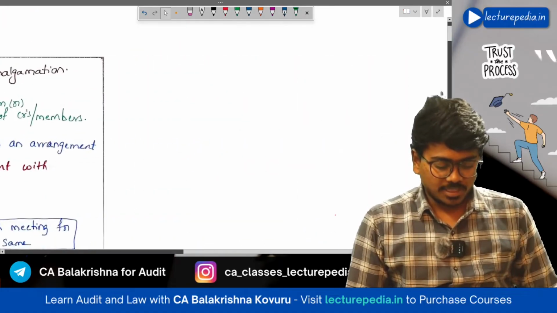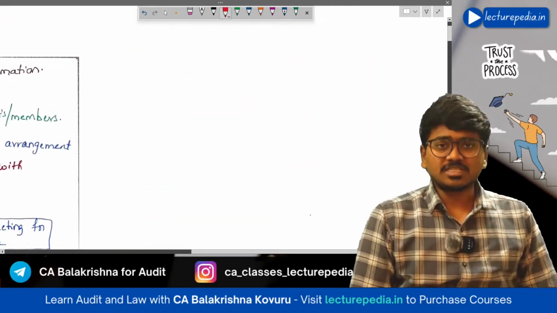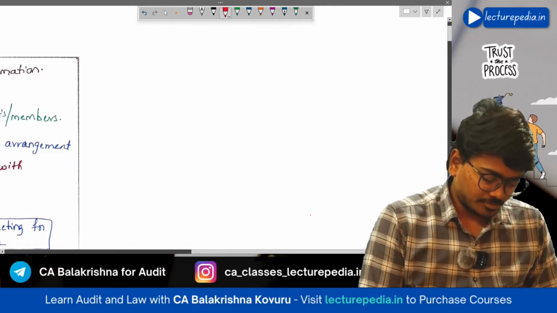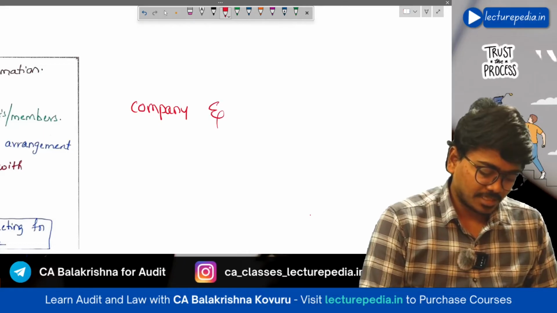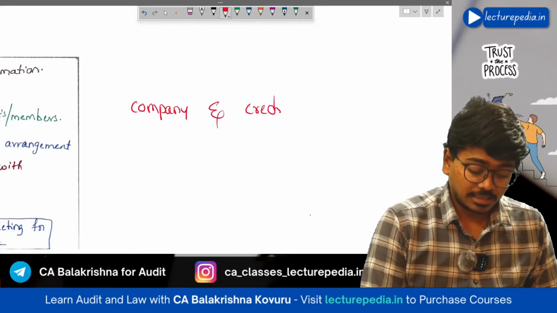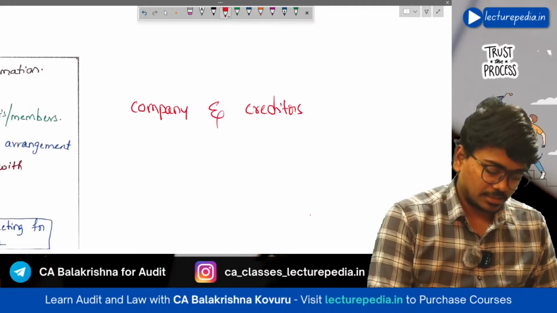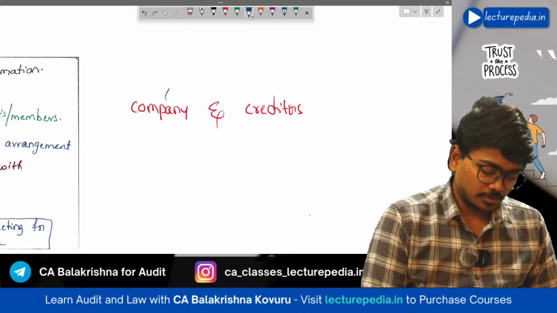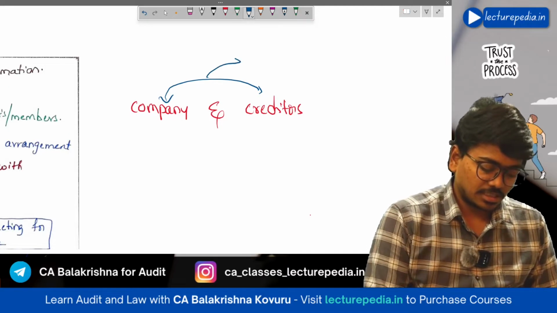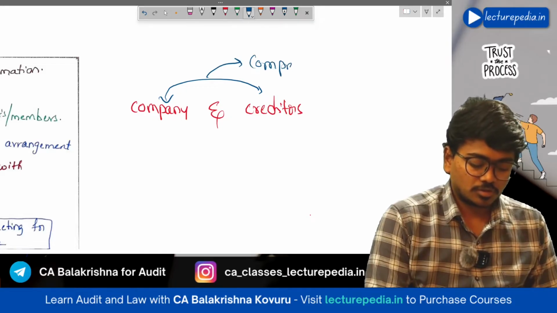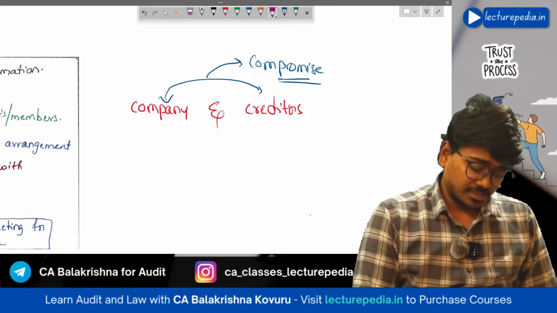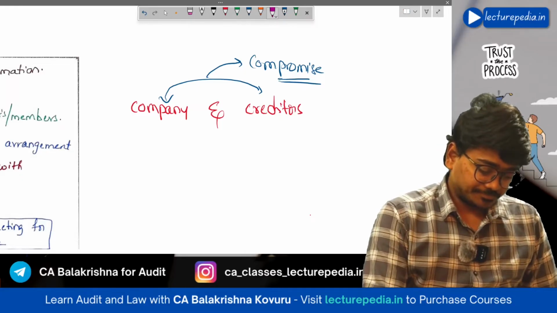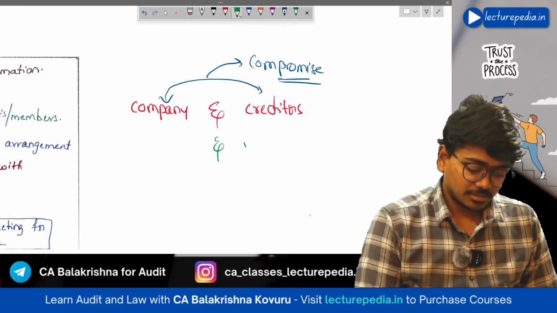Who are those three parties? First of all, if there is any dispute between company and creditors, then these two, company and creditors, can enter into compromise. Or the dispute can be between company and members.